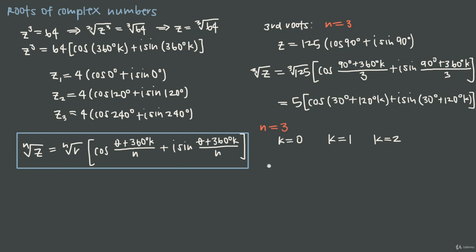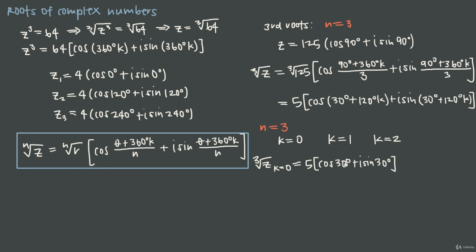So the first third root of z, we'll say that this is associated with k equals 0. That's going to be given by whatever we get when we plug 0 into this expression here. So I'm going to get 5 multiplied by, here 120 times 0 is 0, 0 plus 30 is 30, so I'm going to get cosine of 30 degrees plus i sine of 30 degrees.